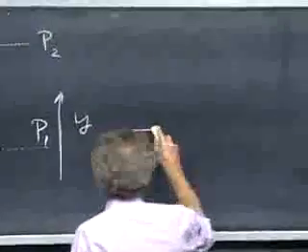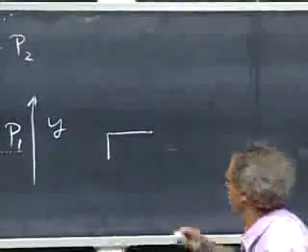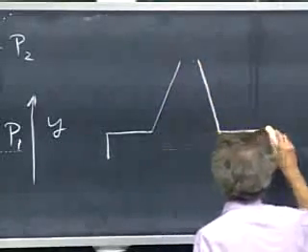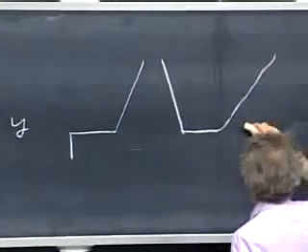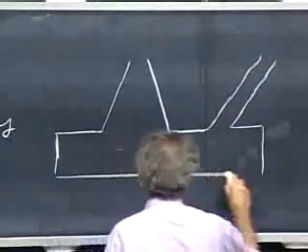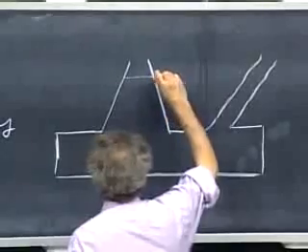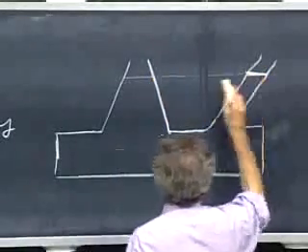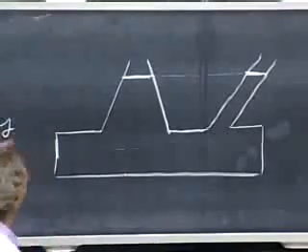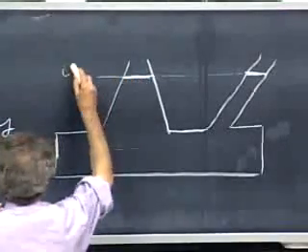Suppose I had a vessel that I fill with a liquid that had a rather strange shape, like so. I would fill it with liquid to this level. And the level here is Y2.